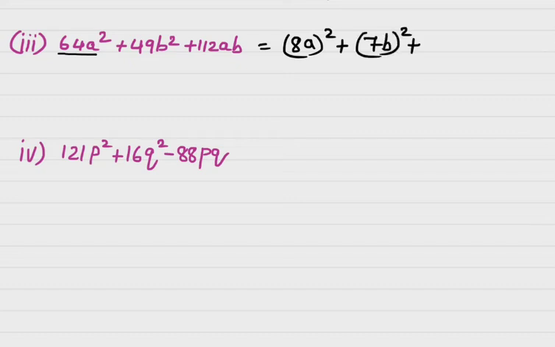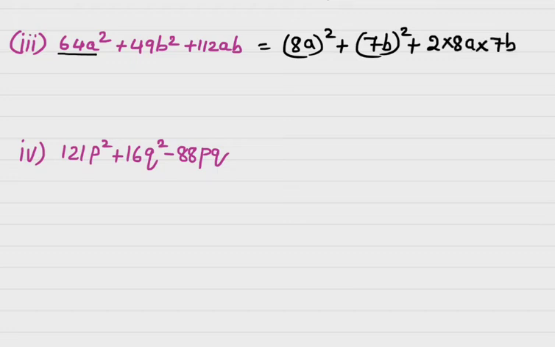Now, since all three are positive terms, you can take into mind your a square plus b square plus 2ab. So let us write 2ab. If you consider 8a as a and 7b as b, 2 into 8a into 7b.